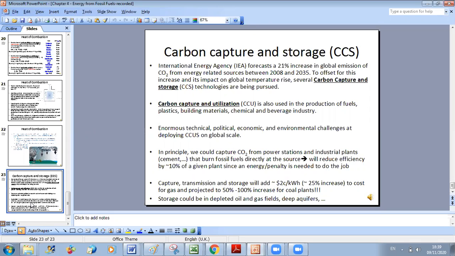This is why what we are doing currently is trying to go to renewable strategies, because with renewable strategies we will have no production of these gases, and therefore we will use free energy without having a harmful effect on the environment.